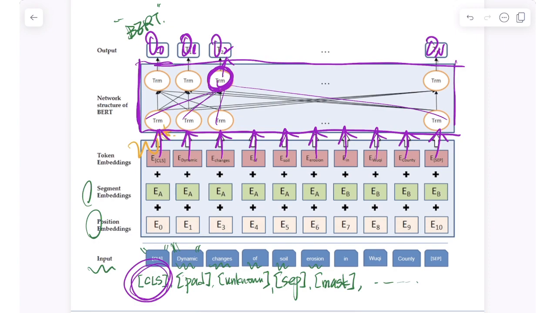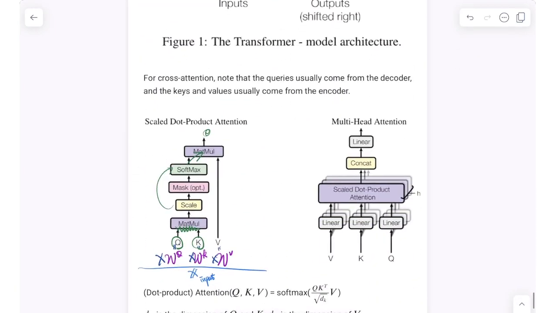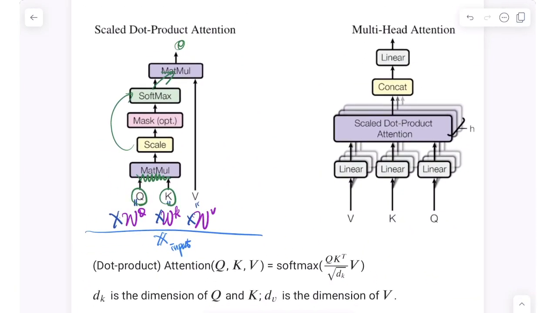So the network structure of BERT right here is exactly what we mentioned. We have several inputs and we have the outputs right here.